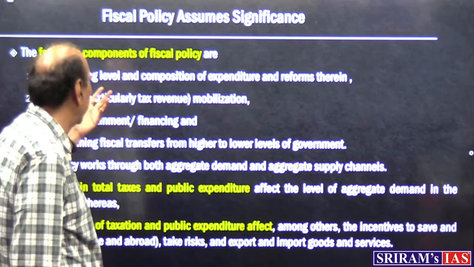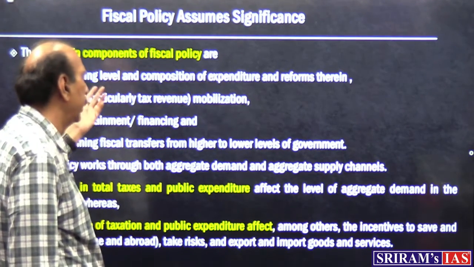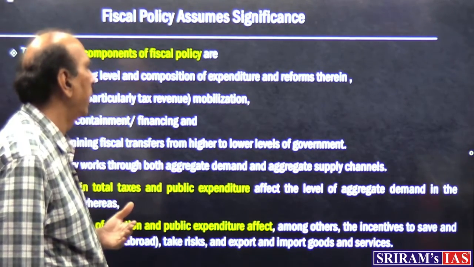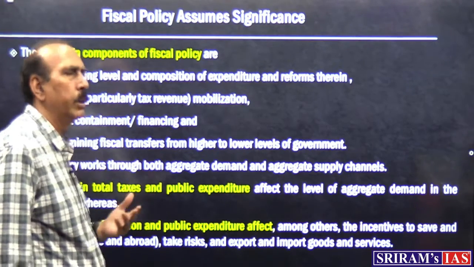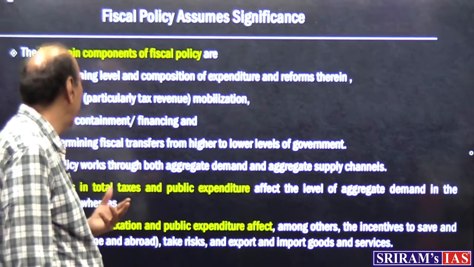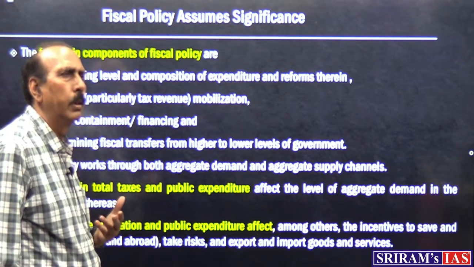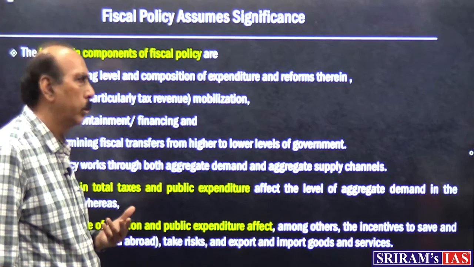And therefore, when we talk about the fiscal policy of the government, we talk about determining the level and composition of the expenditure. We have to see the resource mobilization. We have to see the deficit containment in the budget. If deficit is there, how we are going to contain it.